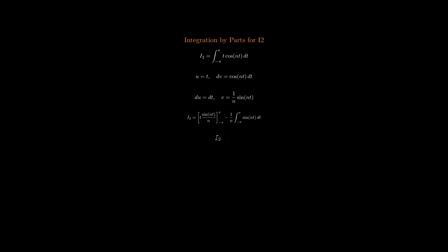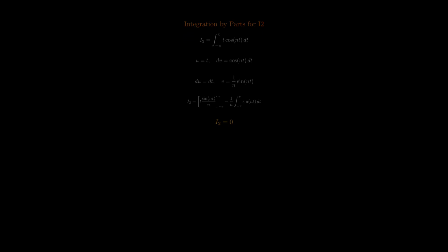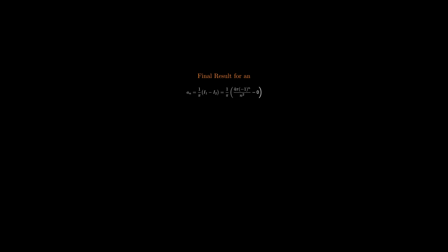Thus I2 equals 0. Putting everything together, an equals 4 times minus 1 to the power n, divided by n squared.